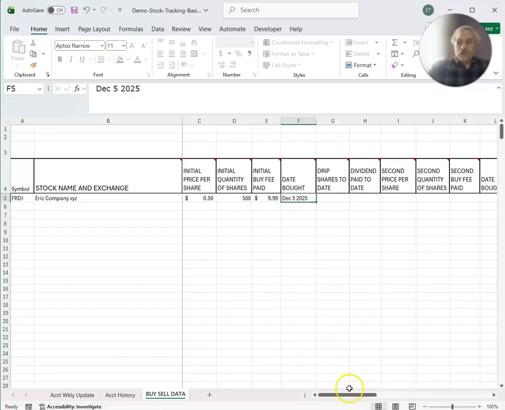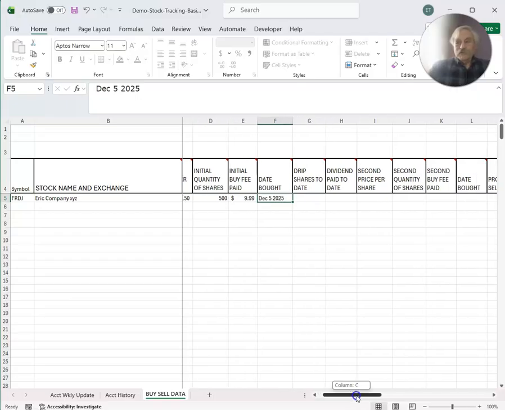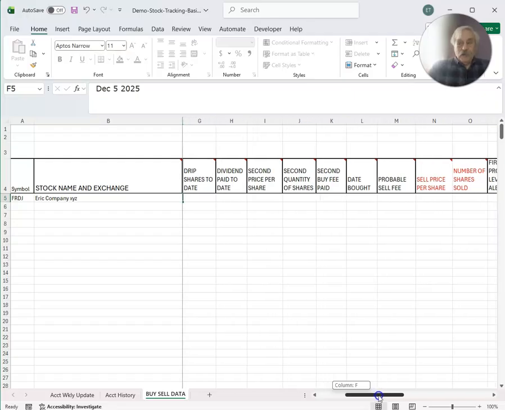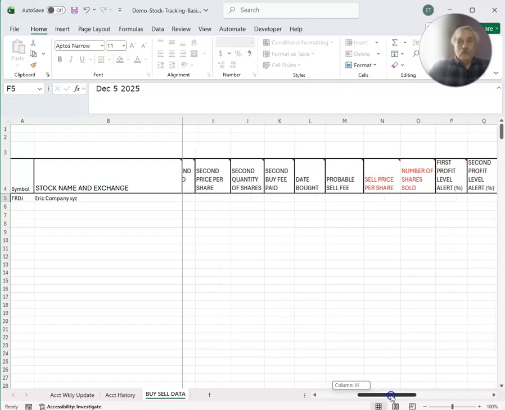I have another spreadsheet that is a lot more automated that'll do all of that work for you. That one has been under development for a few years, and unfortunately it is not free. So you can put the information in here, but you're going to have to do a little bit of the math yourself.